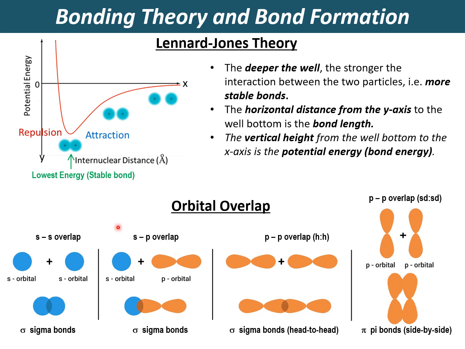One thing you want to note about overlap in bonding is that the more it's in line, the stronger the bond. In other words, if these are tilted, then the bond gets weaker. So the strongest bonds are formed head-to-head this way, or a good side-by-side this way where they're not tilted. So that's how bonds form.